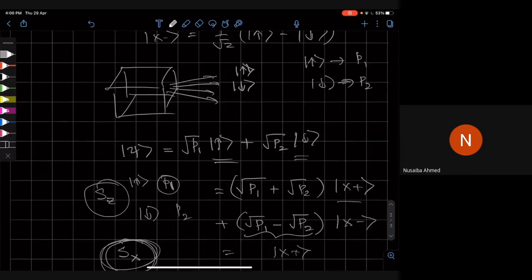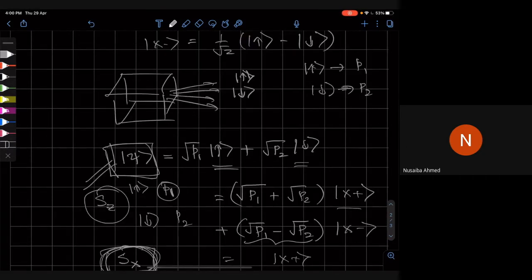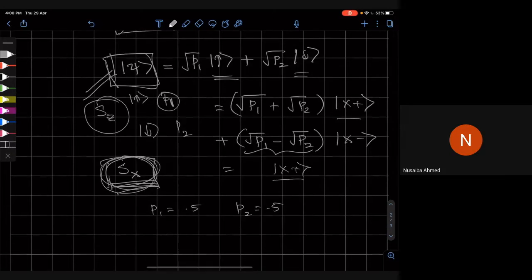So if I were to measure what's coming out in the SX basis, according to this model, I would only get spin up. I would never get spin down. Now, is that the case here?